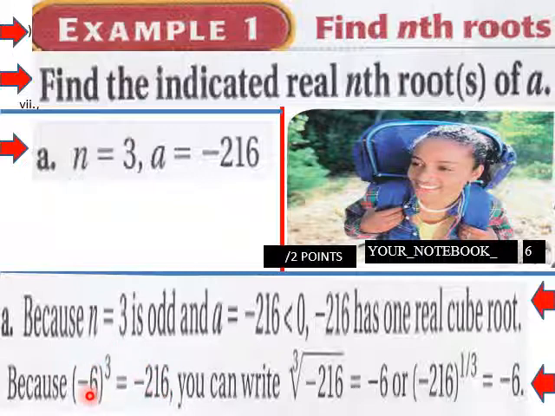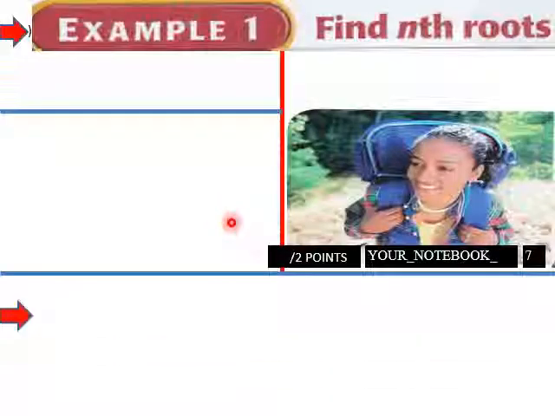So negative 6 cubed equals negative 216. This is the way that you write that. The cube root of negative 216 equals negative 6, or negative 216 to the 1/3 exponent equals negative 6. So we're talking about fractional exponents.